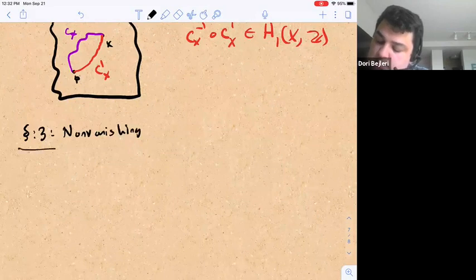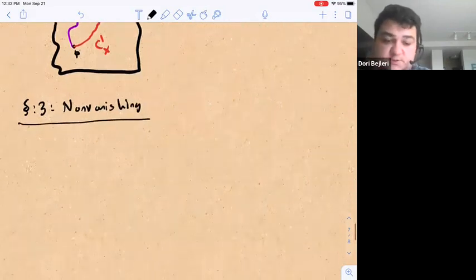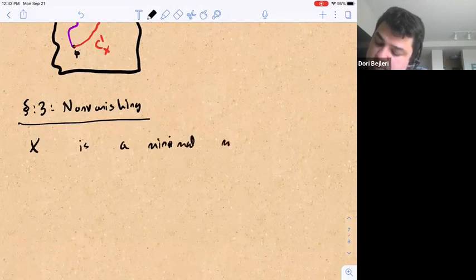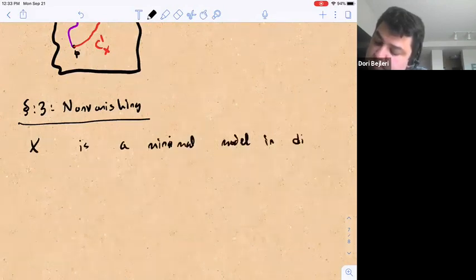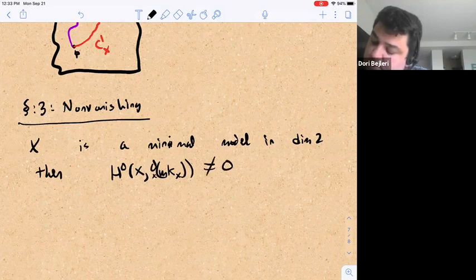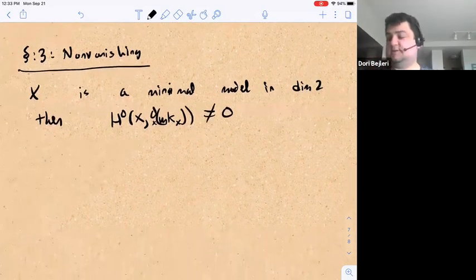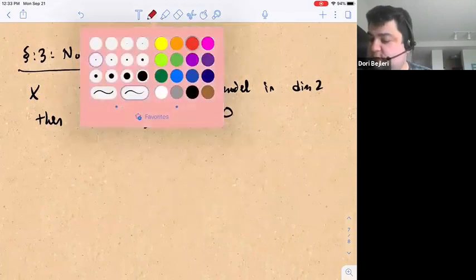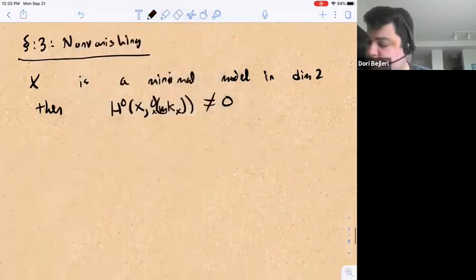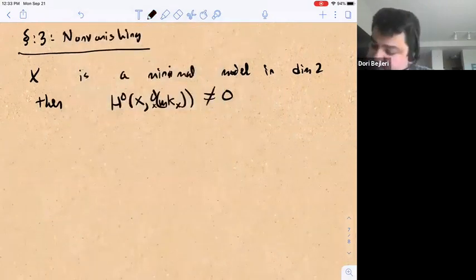So let's recall what we're trying to prove is that if X is a minimal model in dimension 2, then some multiple of the canonical has a section. Or another way to say it is that if the canonical is nef, then it's really in the effective cone as a Q-divisor.